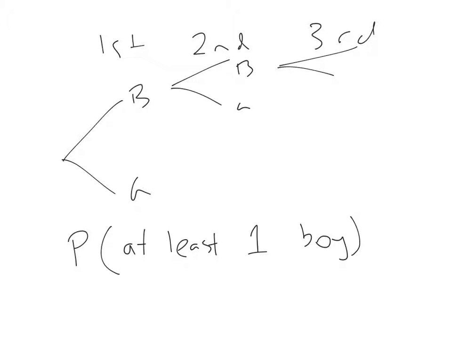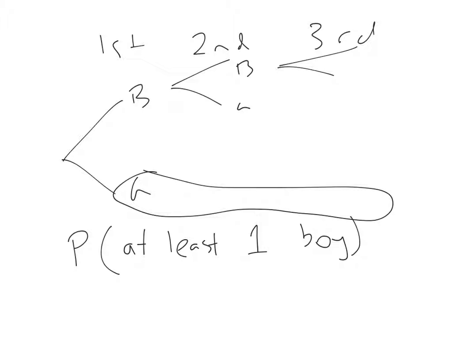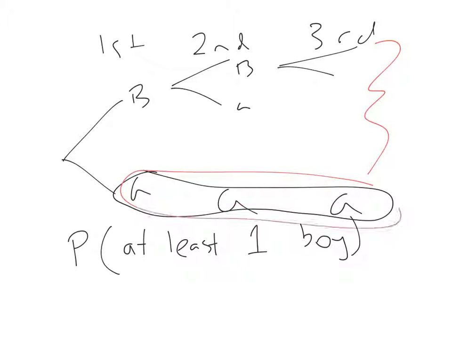How many of them are going to have no boys in them? 1, 2. Only 1. Yeah. This last one, the girl. So I don't need to work out all this other junk. Yeah. I just need to work out this one, and then do 1 take away that.